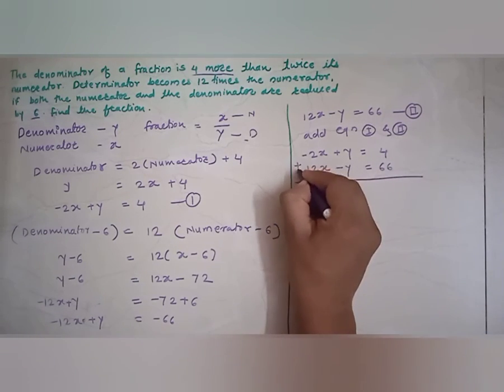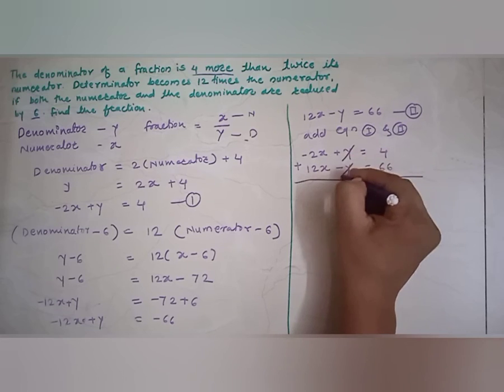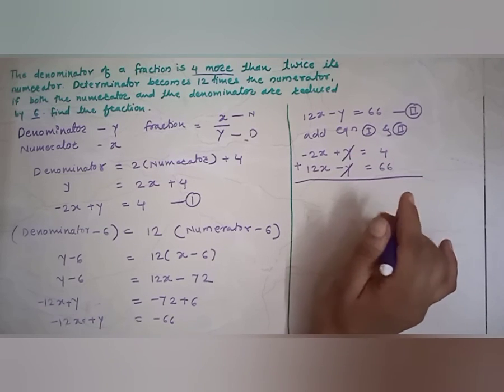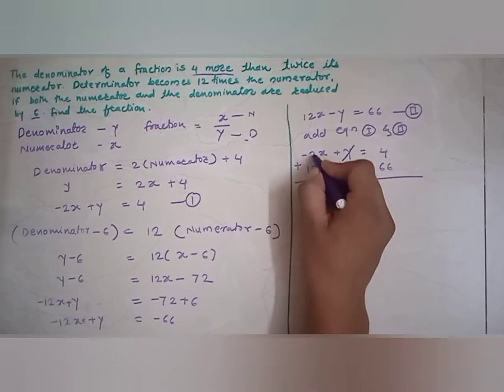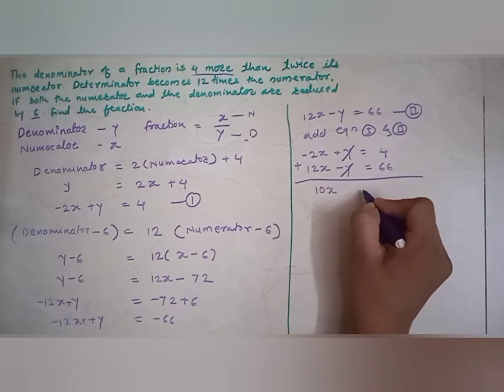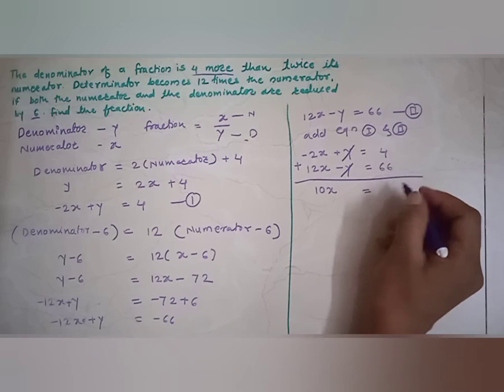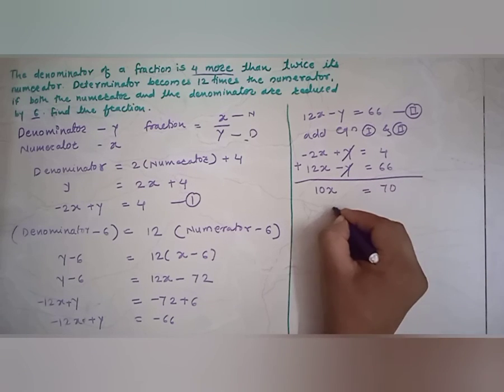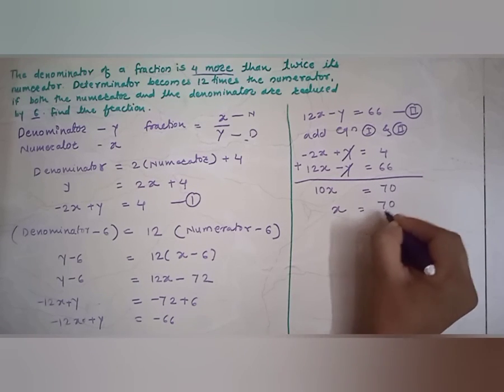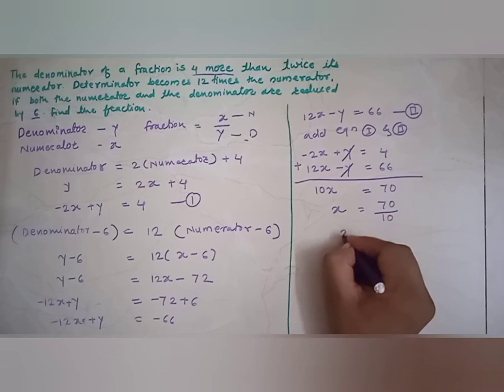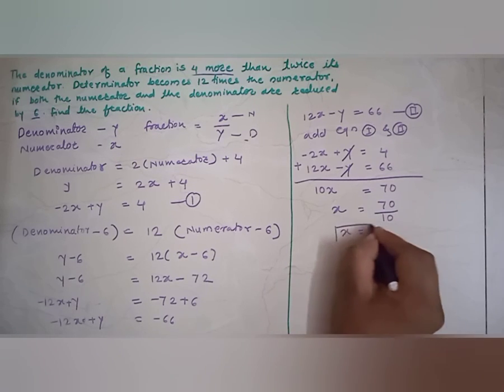The y terms cancel each other. Minus 2x plus 12x is 10x, equal to 70. So x is equal to 70 divided by 10, and the value of x is 7.